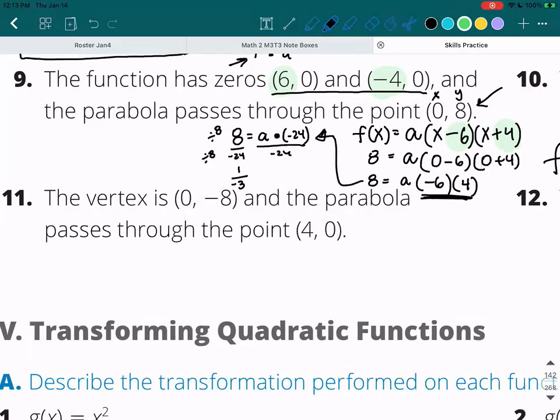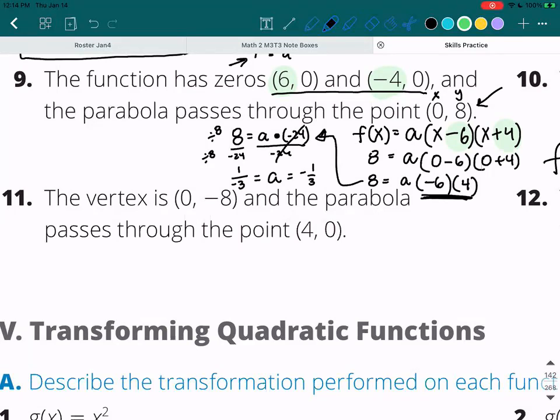So your fraction of 8 over negative 24 simplifies to 1 over negative 3. Those cancel out, and we get a. So our a is 1 over negative 3, same thing as negative 1/3. You can put that negative sign in the front, on the top, or on the bottom. I'm going to put it just on the side, so it's negative 1/3.